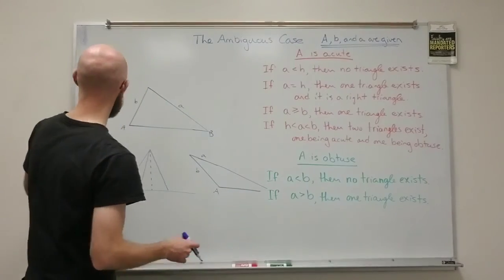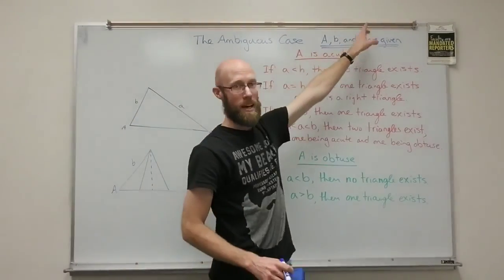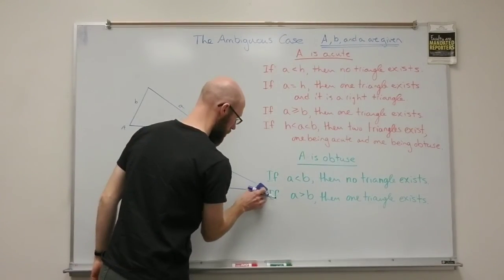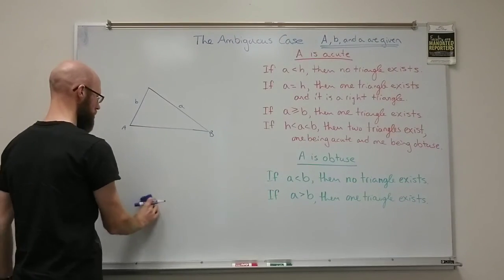Now, the big difficulty comes in if you don't have A, B, and A given. If you have three different pieces of information given, you've got to be able to convert everything.